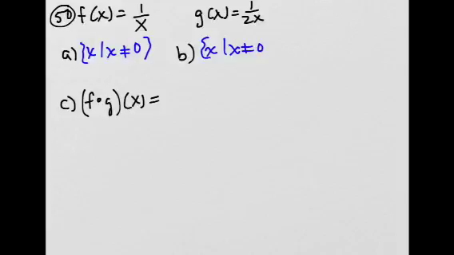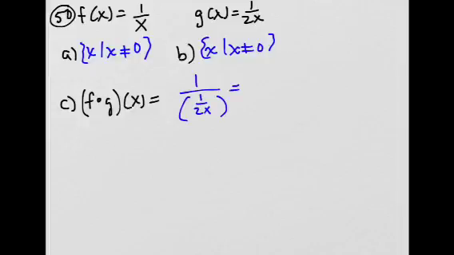For the composition, it's f of g of x, so g of x is my inside function. I have 1 over x, but I'm going to put 1 over blank, and in the blank I'm going to put in the function g of x.